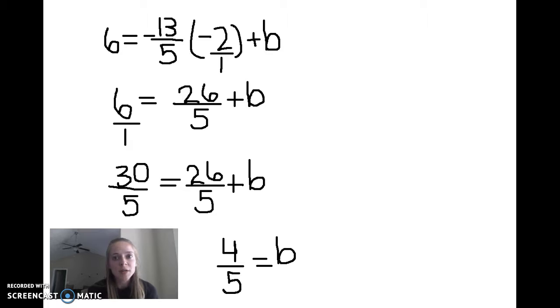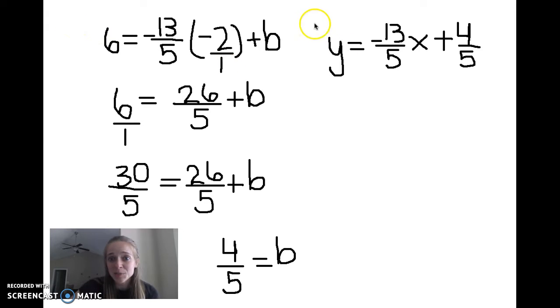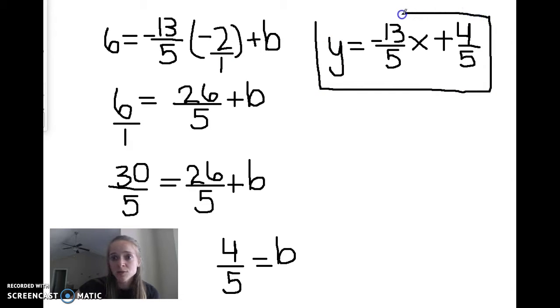We already knew what m was because we found the slope, and now we know what b is. So we can plug that into the slope-intercept form of an equation. That means I end up with y equals -13/5 x plus 4/5, where the slope is -13/5 and the y-intercept is 4/5, even though we weren't given the y-intercept to begin with.